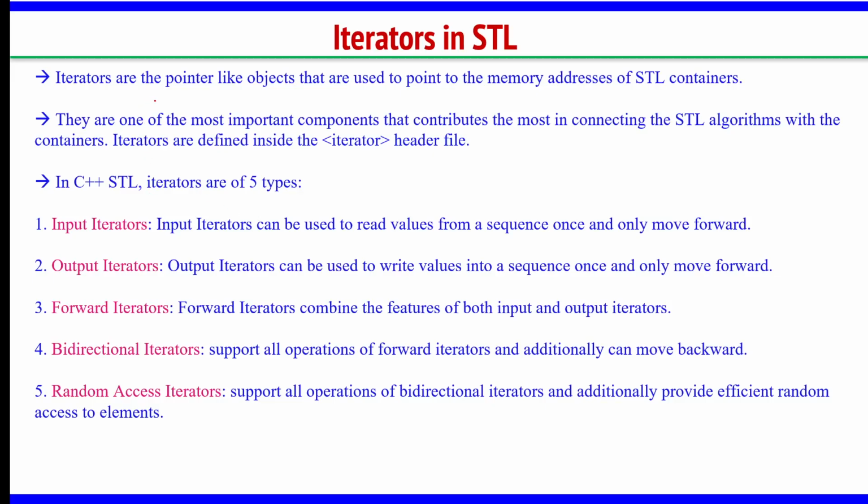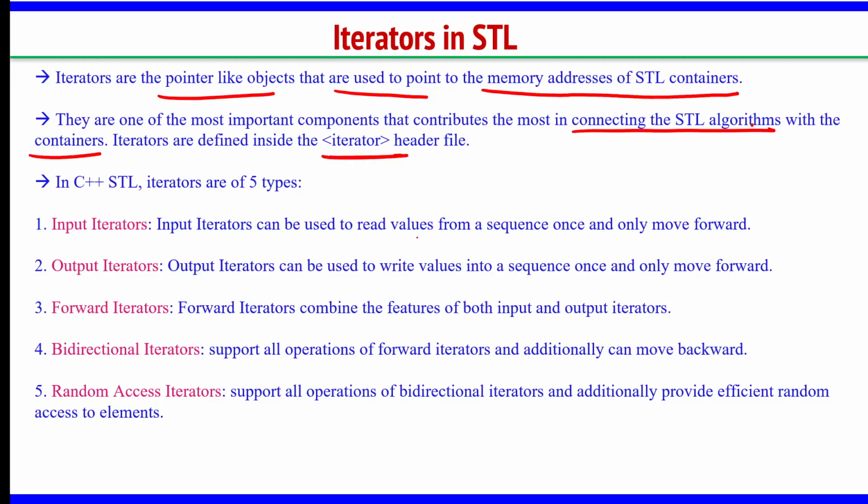Iterators are pointer-like objects that are used to point to the memory addresses of STL containers. They are one of the most important components that connect the STL algorithms with the containers. For connecting algorithms with the containers, we use iterators.